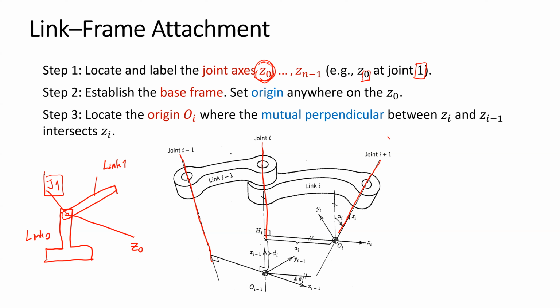The second step is to find the origin of frame 0. Origin of frame 0 can be anywhere on this axis, which makes the DH parameters become 0 as many as possible.